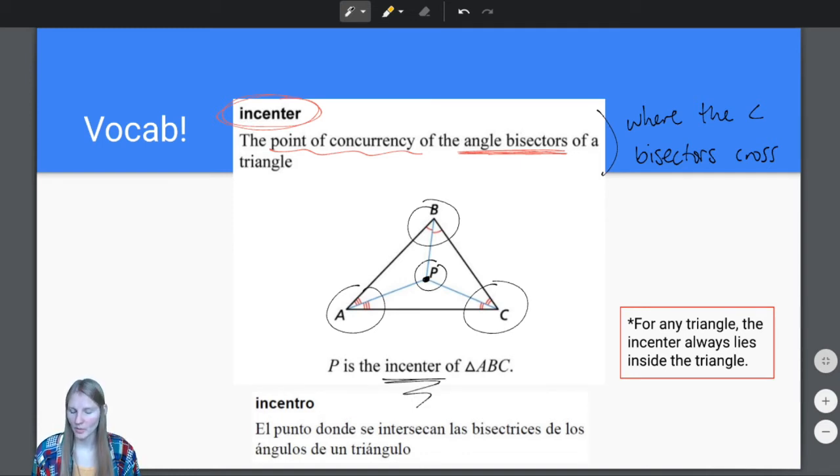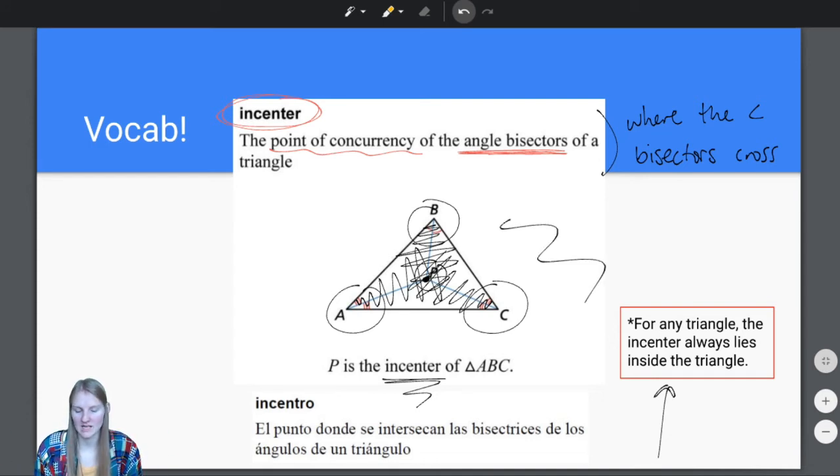Now, it's important to note that the incenter will always be inside of the triangle, because if I'm cutting an angle in half, any point on the angle bisector must lie inside. It must lie on the interior of the angle. So if I'm on the interior of this angle, and the interior of this angle, and the interior of this angle, well, I have to be inside of the triangle.